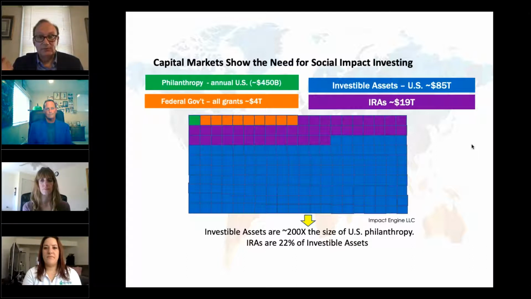And if people want to invest straight out of their investment wallets, there's a total, including IRAs, of $85 trillion. So for us as a society, as a world, to tackle the things that are most important, we need to find ways to get from the green to the purple and blue squares, because mobilizing that kind of capital can move the needle on the big issues that we'd all like to see made better.